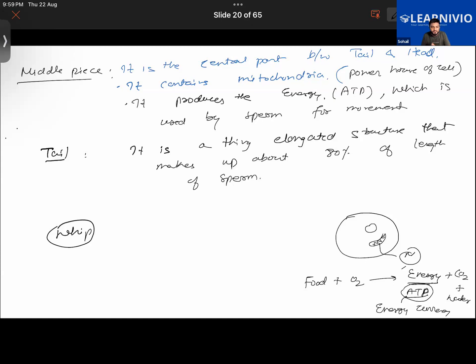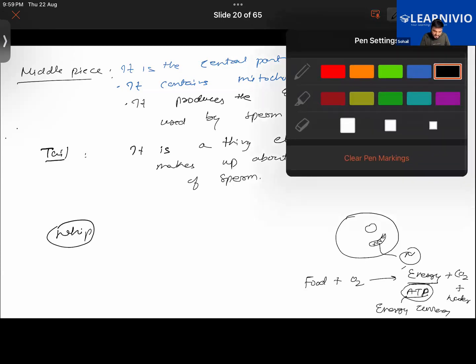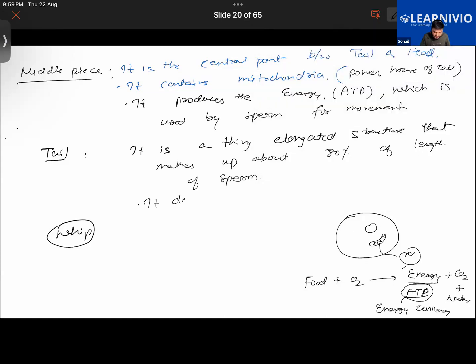That helps the sperm move forward. So the tail does a whip-like movement to help the sperm move.